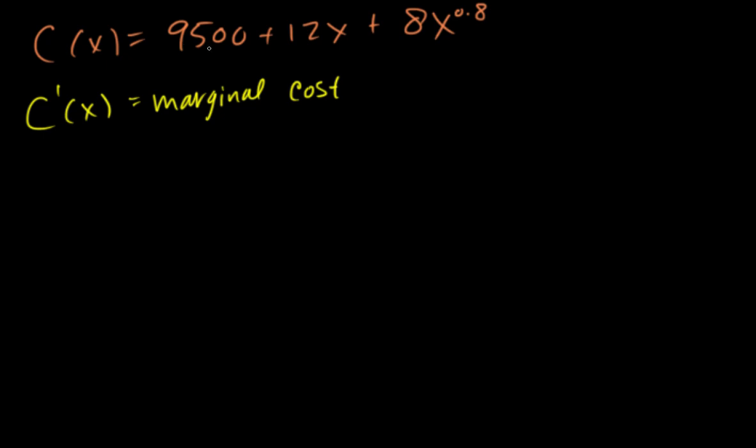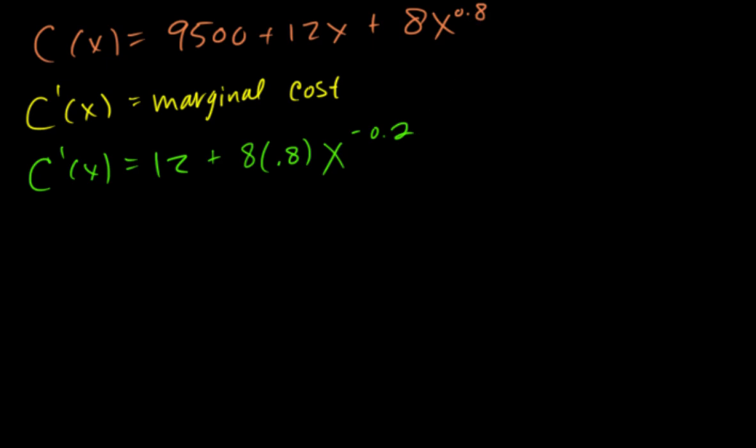So we just take the derivative, the constant goes away, this becomes 12, we bring down, do 8 times 0.8, x to the negative 0.2.